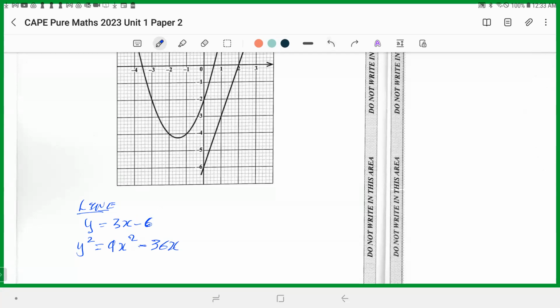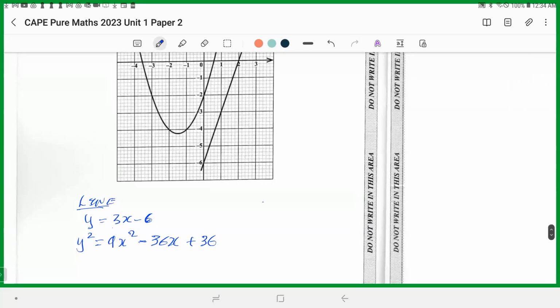So we're going to get plus 36. And we're going to be integrating this between 0 and 1, right?